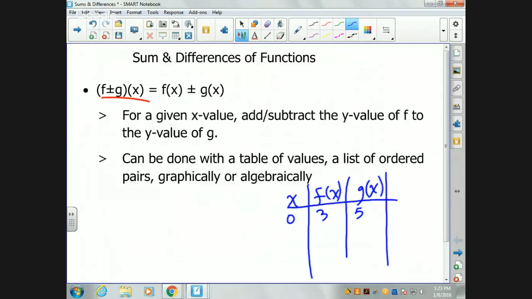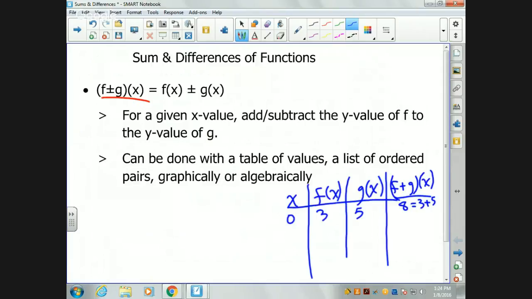So if the y value for f at 0 was 3, and the y value for g at 0 was 5, then f plus g of x would have a y value of 8. And that just comes from adding 3 and 5.